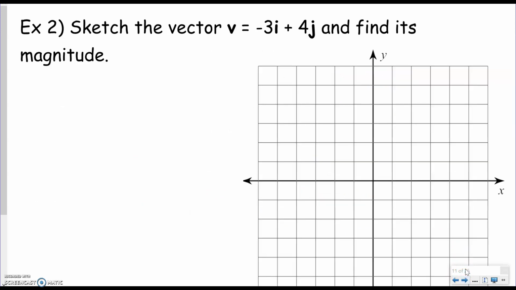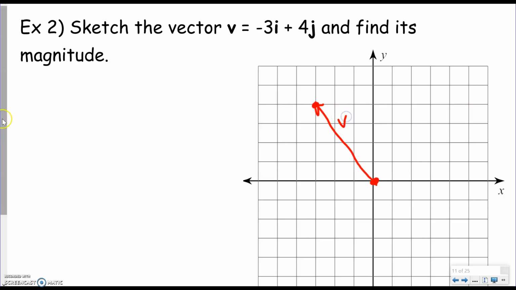Okay, let's go ahead and do this. The vector negative 3i plus 4j essentially is telling us that we need to go left 3 and up 4. So we're starting at (0, 0), go left 3 and up 4, and then we can draw our ray in. Our vector. That's a really not straight line, I apologize for that.